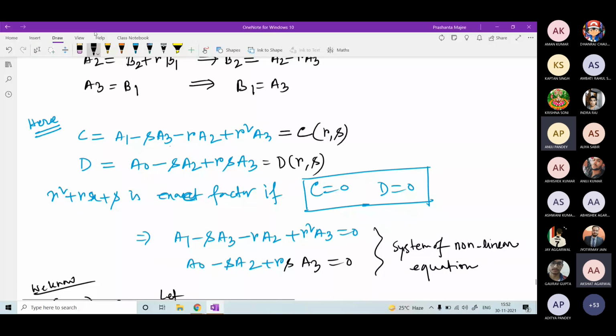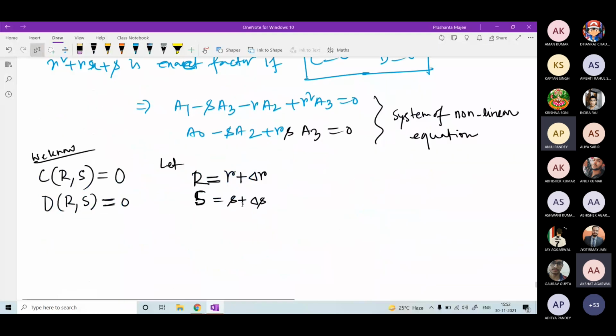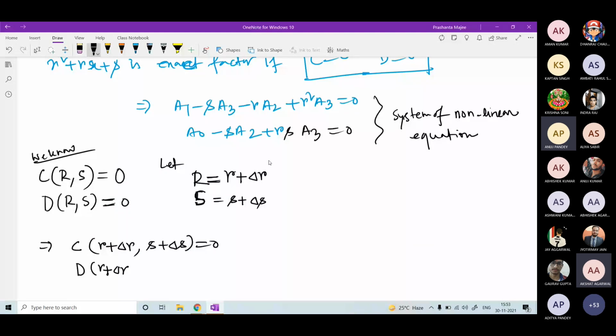Here you see, this is C, this is D, and we have assumed that capital R equals small r plus some adjustment, and capital S equals small s plus some adjustment. That will give you C of R plus delta R, S plus delta S equals 0, and D of R plus delta R, S plus delta S equals 0.